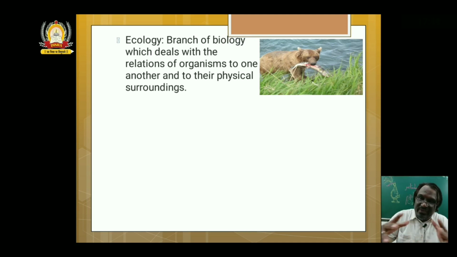So, different living organisms in a particular area interact among themselves and also with the physical surrounding environment, which is called ecology. Very interesting. Four lessons are there related to ecology.